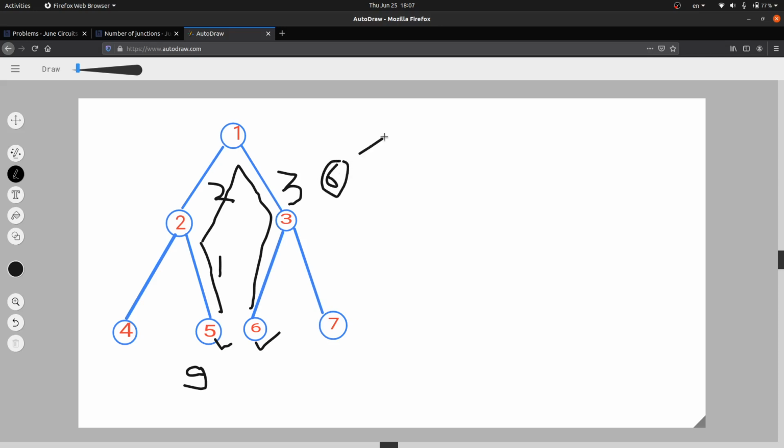So the tanker is left with oil of only 3 liters. It cannot spill 4 liters because it has only 3 liters left, so it will spill all 3 liters here. So the total oil spilled by the tanker will be 9. So this is the problem.